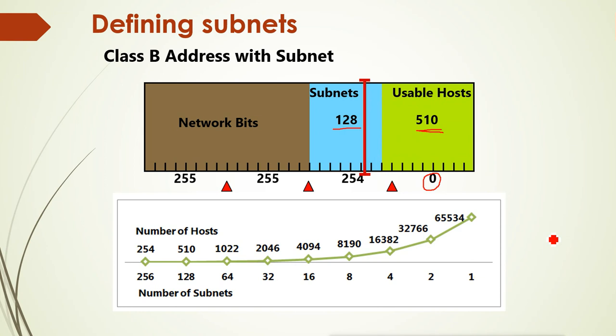You see it is changing, and as network bits go low, the hosts get increased. Now in class B, you have these 2 parts as the network and this part as the host. Now in this, you will get the total number of usable hosts, and the subnets in one network.